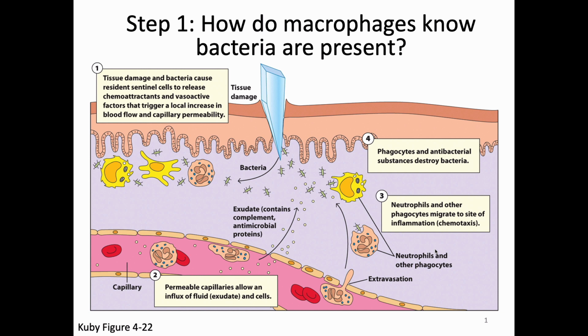So we talked about the beginning of this general process of inflammation and how innate immune responses made by innate immune cells occur. We started talking about this process where we have some kind of tissue damage allowing bacteria in.